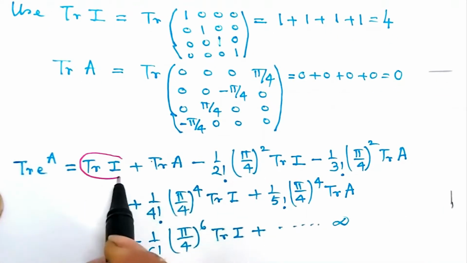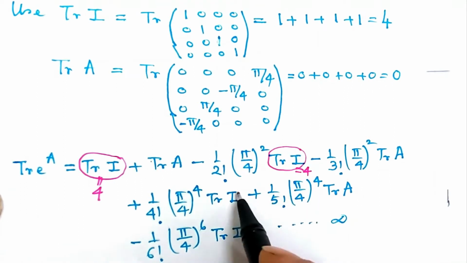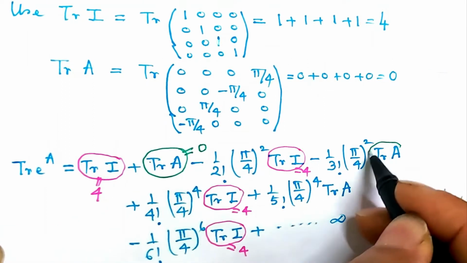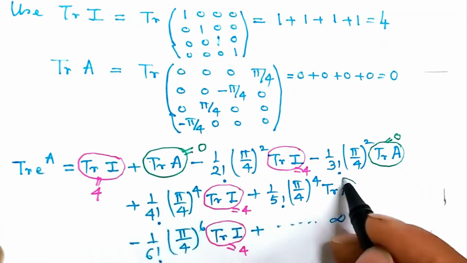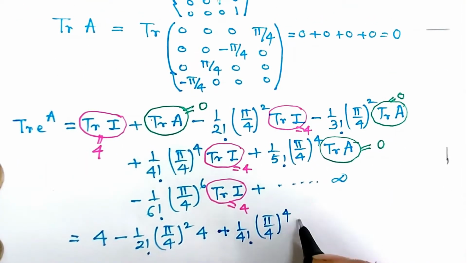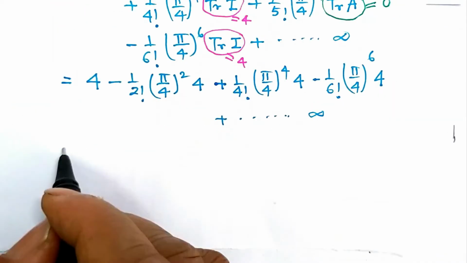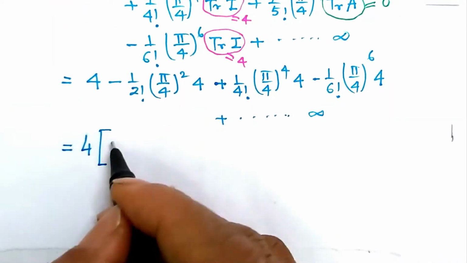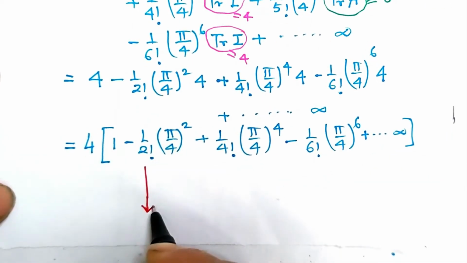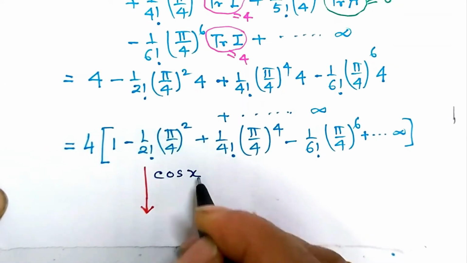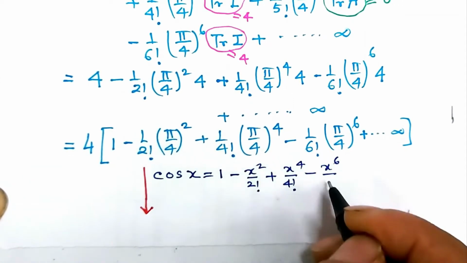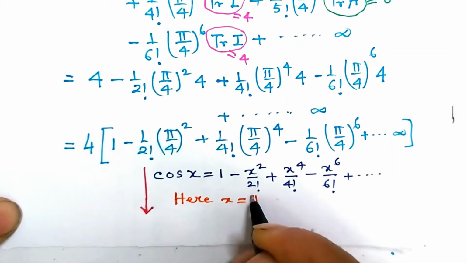Now put trace of I equal to 4 at these places and trace of a equal to 0 here at these places. So trace of e to the power a simplifies to, let us take 4 common and we are left with, use the fact that cos of x can be expanded into an infinite series as, here x is pi by 4.